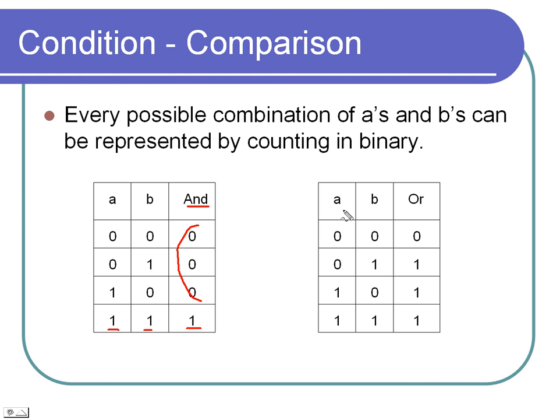Okay? On this one, the OR, as long as you've got a 1 someplace, which would be a true, you get a 1 out. So these are all 1s. The only situation on an OR is when you have both the zeros, then you'll get a false or a 0 out.